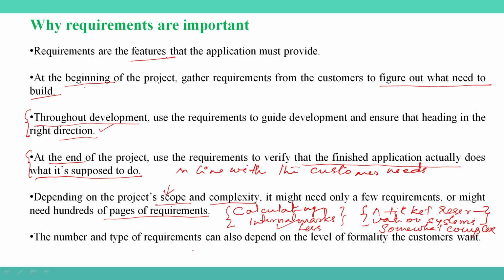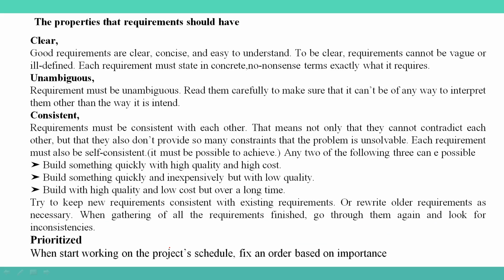The number and type of requirements can also depend on the level of formality the customer wants. So based on what the customer looks into, the type of requirements can change. What are the major properties of requirements?